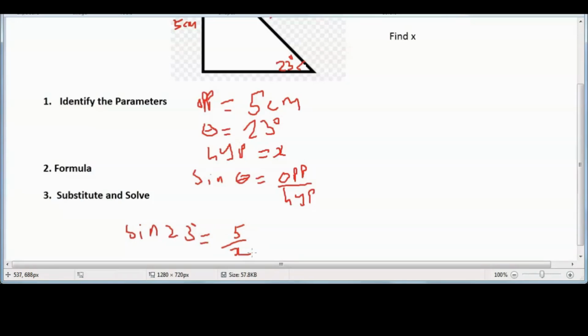Cross multiply. X sine 23 is equals to 5.